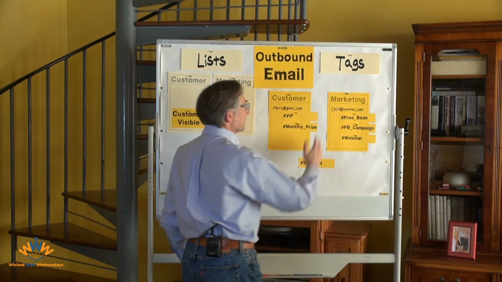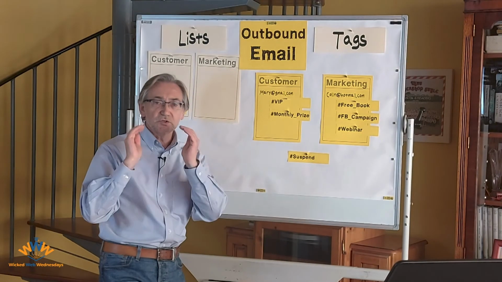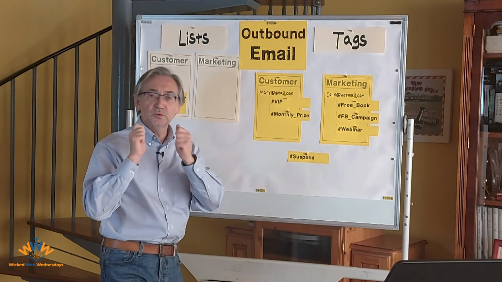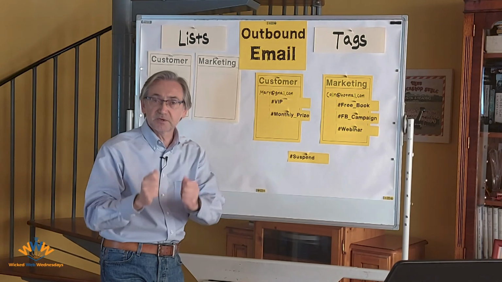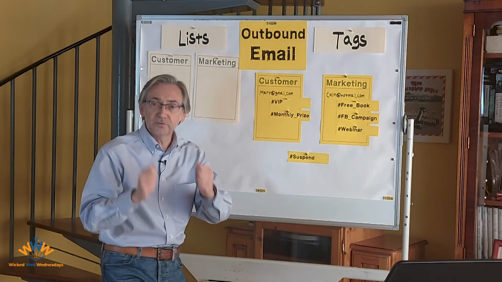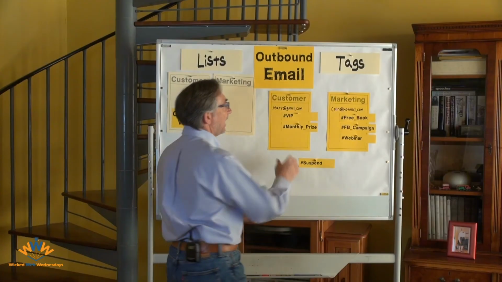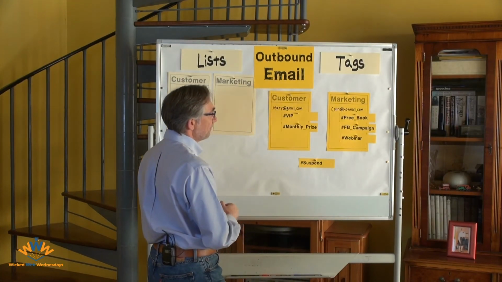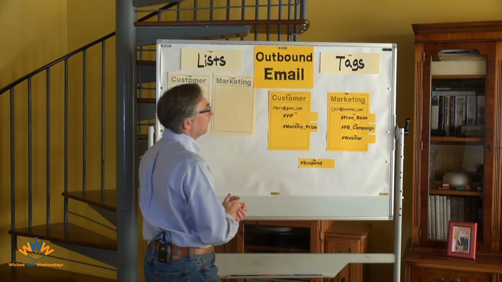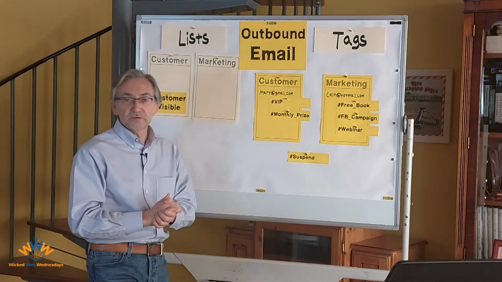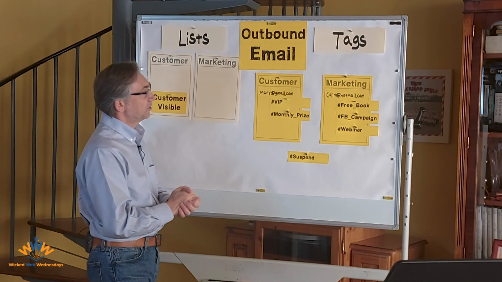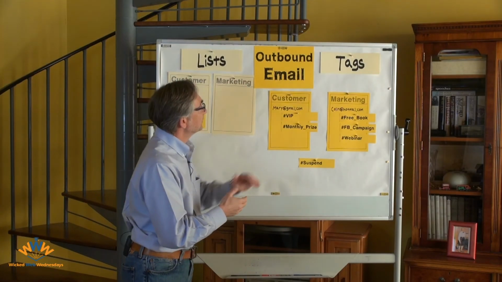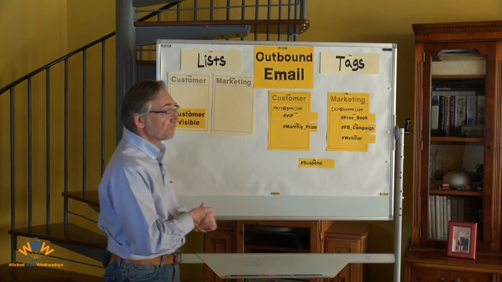Create a customer list, create a marketing list. I think that's important, to draw a distinction between the people who genuinely support your organization by giving you money and allowing you to put a roof over your head, that's good, and other people to whom you are marketing. Two distinct separate lists. Make sure that you record all of your tags in a spreadsheet. Those are the critical points of outbound emailing.